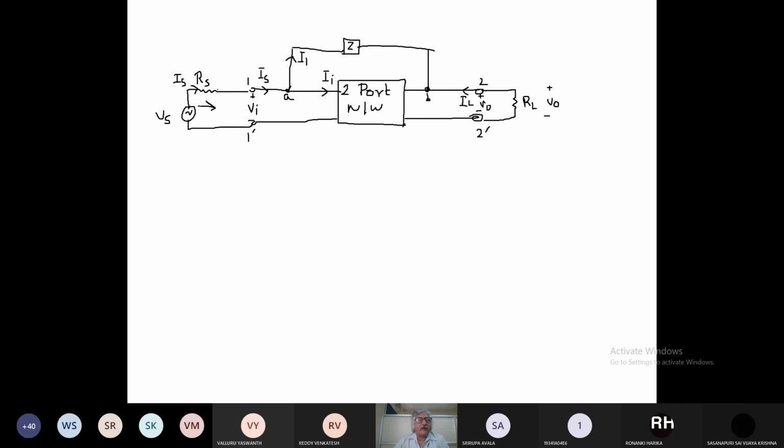The resistance here at this point is Rs, which is equal to Vi by Is, and here we have resistance Ri, which is equal to Vi by Ii. This is how you visualize this circuit.